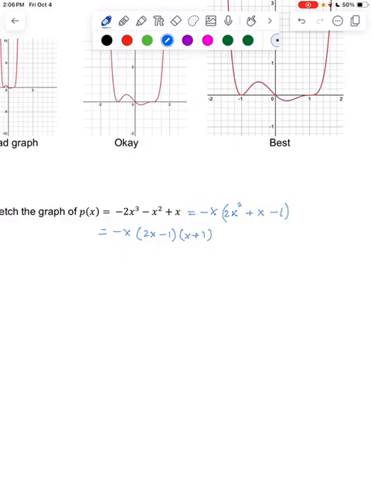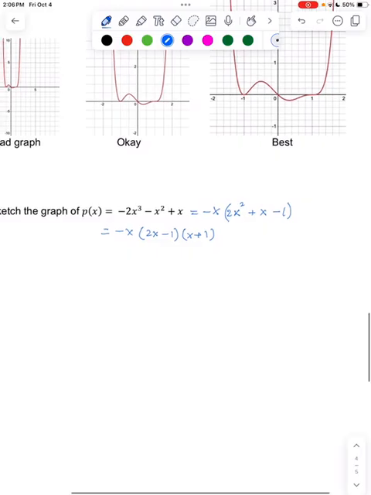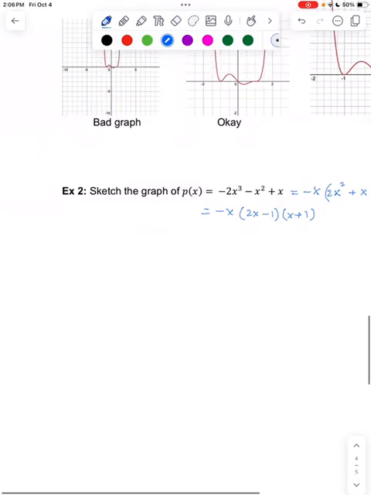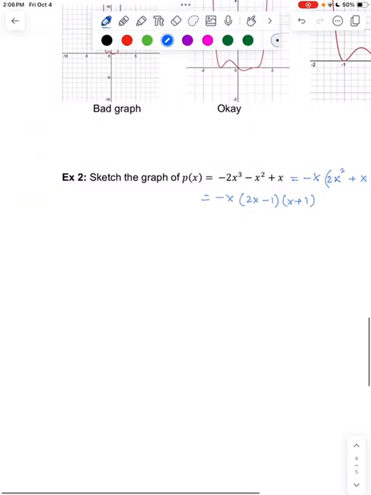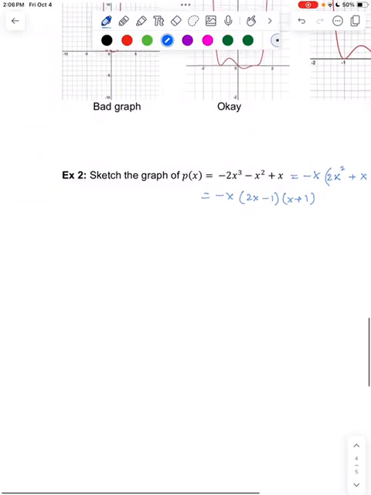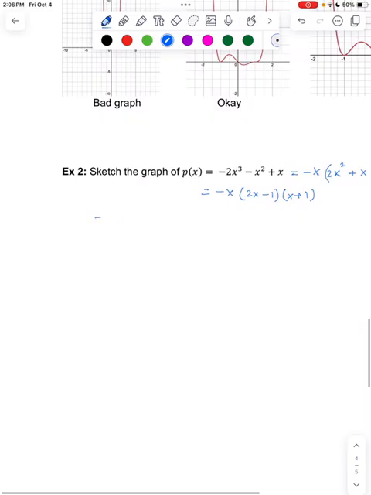So we can now see our zeros right there. So our zeros are -1, 0, and 1/2.